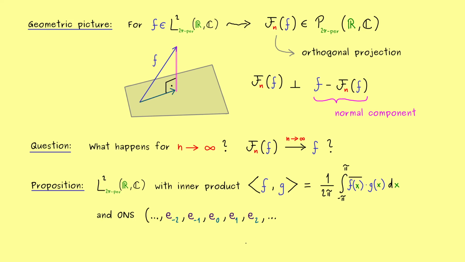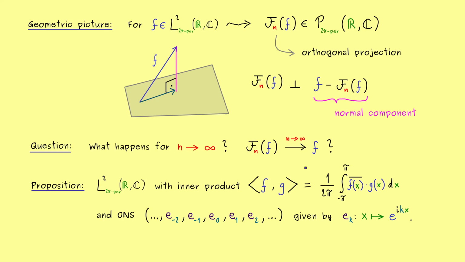In fact, the definition for an ONS also makes sense for such an infinite system. For example, you could just say every finite subset should be an ONS as well. And now as a reminder, ek is obviously just given by the exponential map. It simply sends x to e to the power ikx. However, as already mentioned, any other ONS would do the same job here.